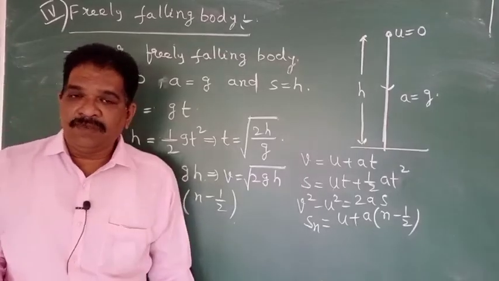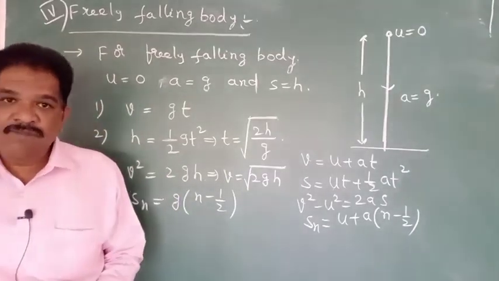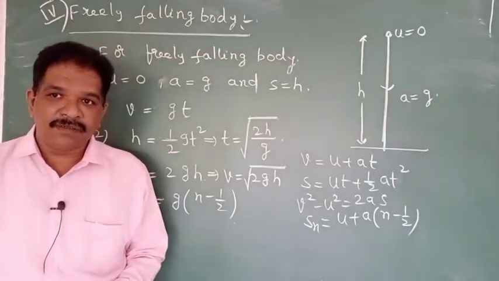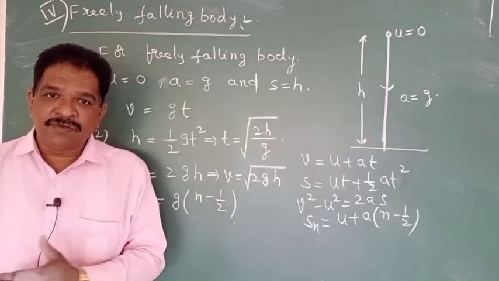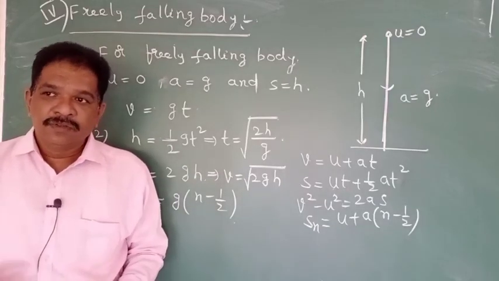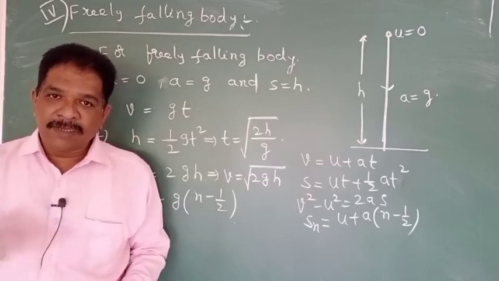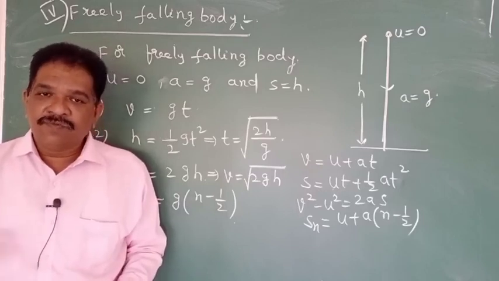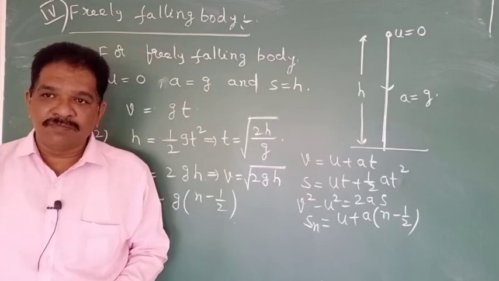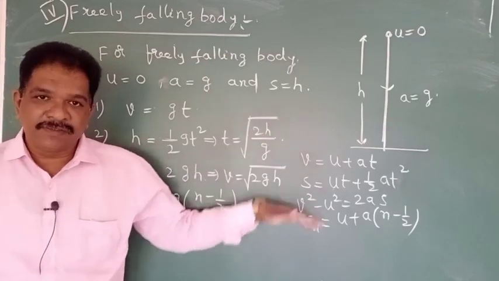Fifth one will be the vertically projected body. With that, the synopsis will be complete. Then we will start doing the problems. Everything has some shortcuts and formulae. By learning all of that, doing the problems becomes easy.